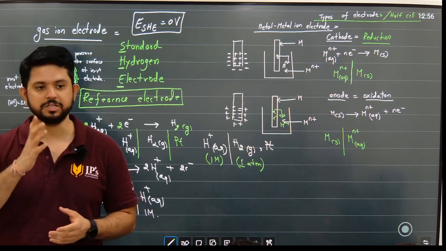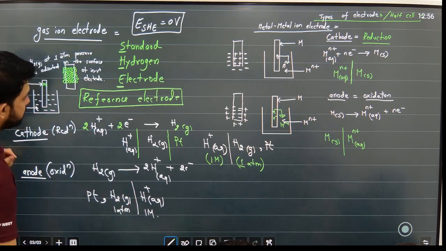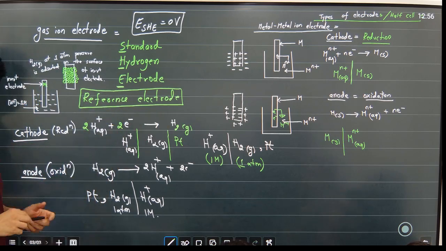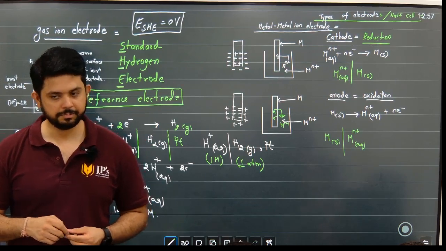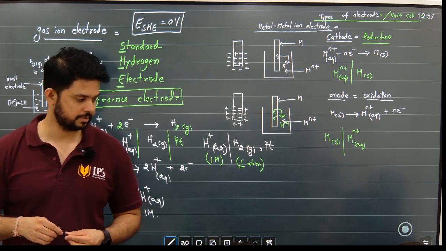So potential change हो जाता है. Did you get that? So along with SHE as a reference electrode, हम एक और reference electrode पढ़ेंगे जिसका नाम है Calomel electrode. ठीक है, but that will be when we will have a lecture on electrodes.